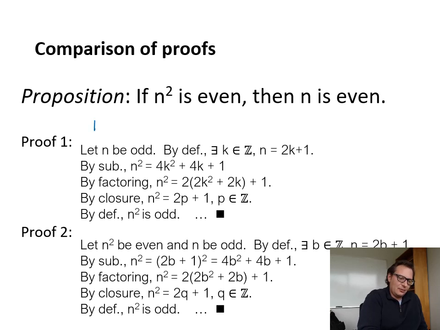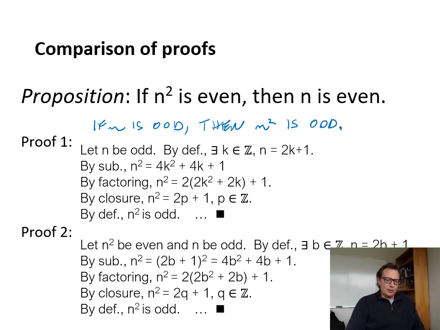So if n is odd, then n squared is odd. So this is our contrapositive, this is what we want to show. And this proof 1 proves exactly this. And therefore it proves the original proposition.